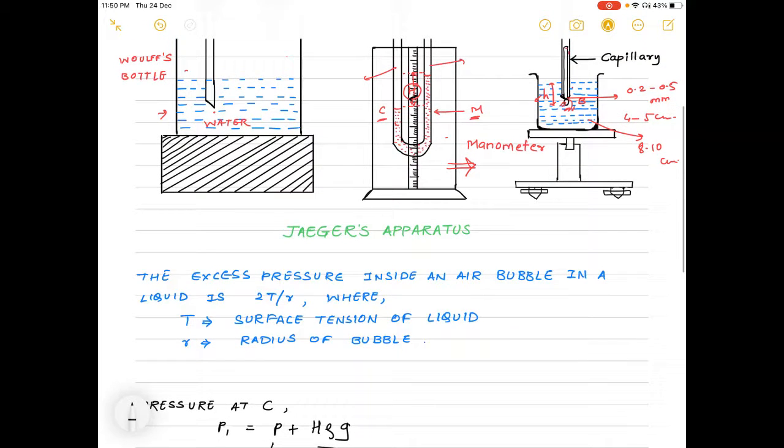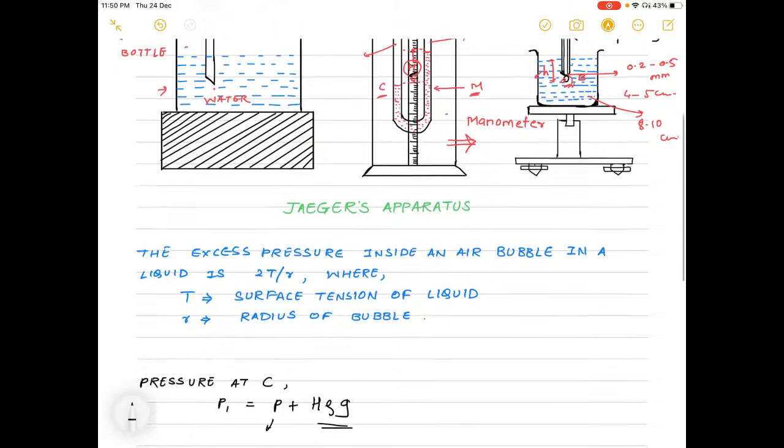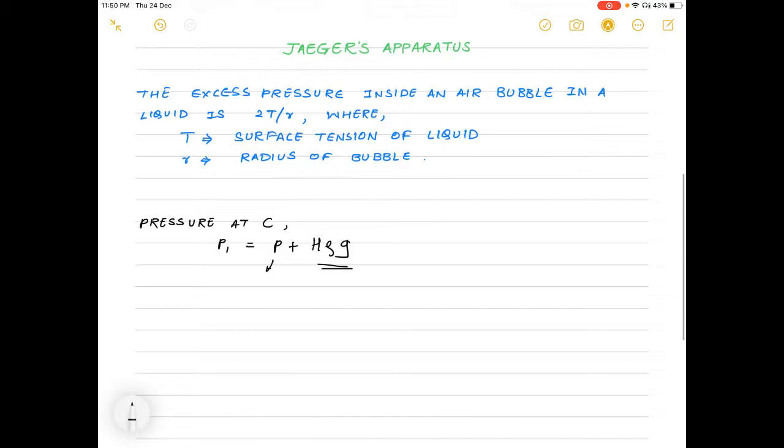When the bubble just breaks from B, the pressure on it is equal to that at the level of B in the beaker.